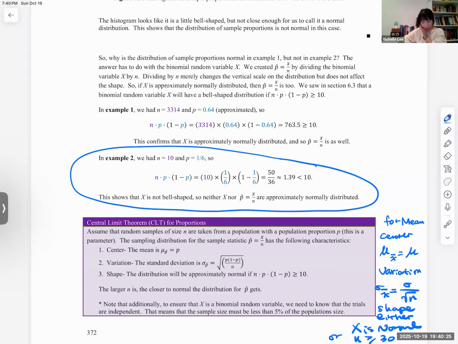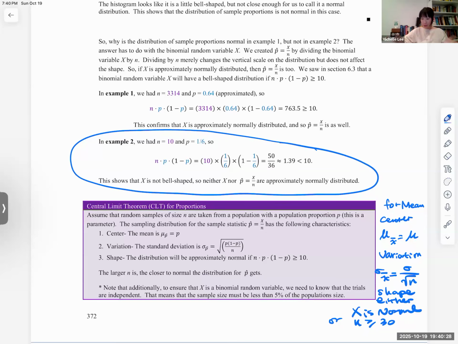Otherwise, we cannot use it, because that's not a normal distribution. That's why we have to check the shape: either the original is normal or the sample size must be at least 30. Why? Because as the sample gets bigger and bigger, the distribution becomes approximately bell shaped, right? So how do we check how much bigger? n must be greater than or equal to 30. Make sense?